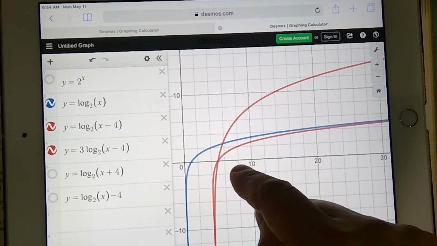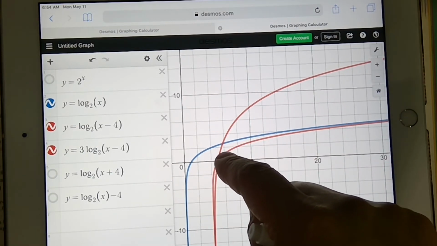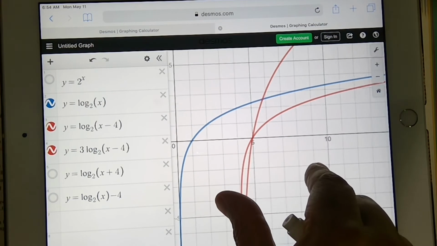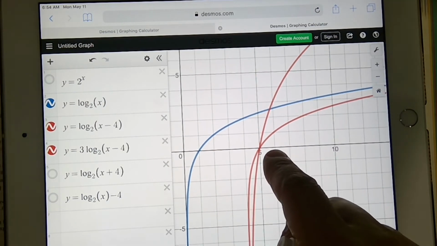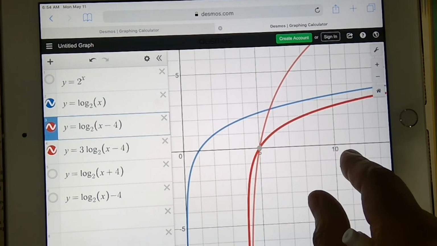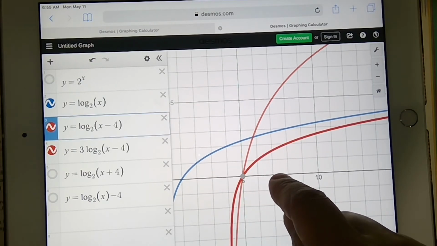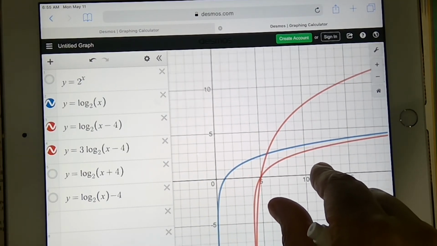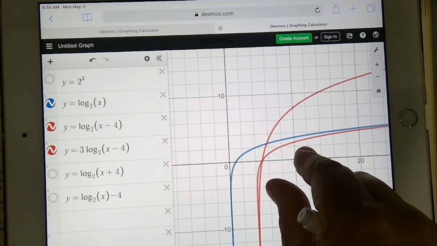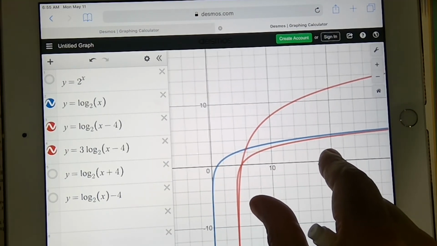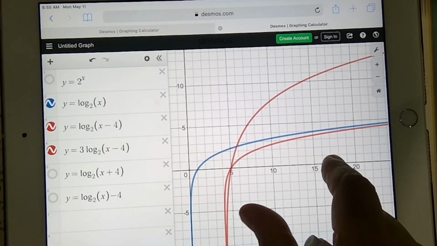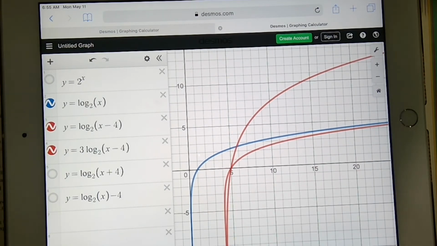So normally this would have crossed, let's see if I can get this, at 0.5 on this one. And if you take a point over here, let me find a point.